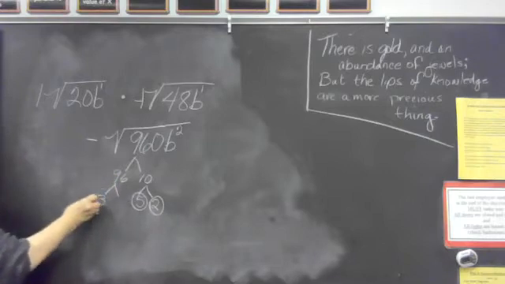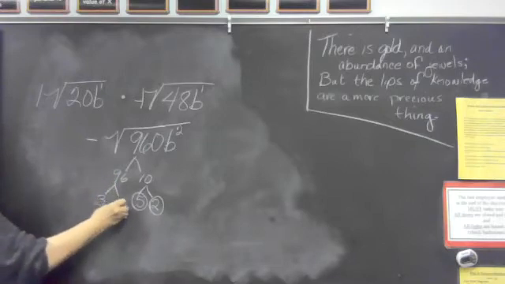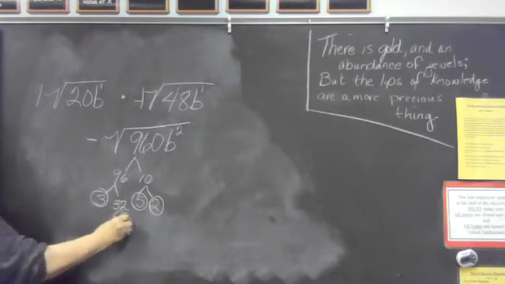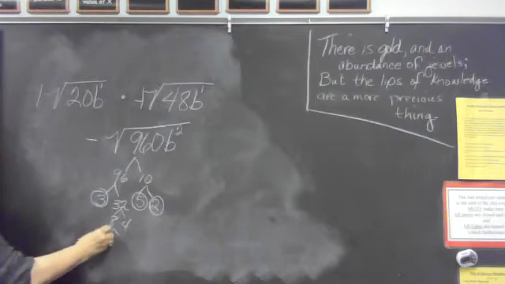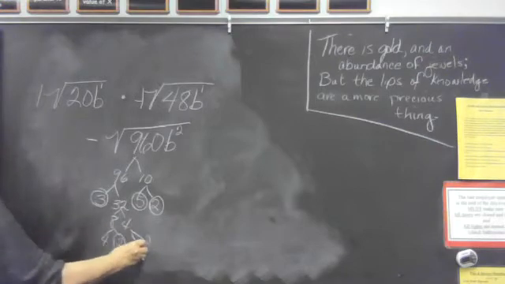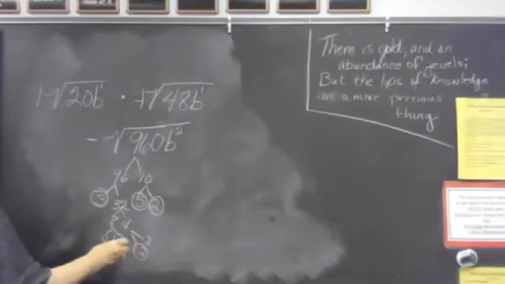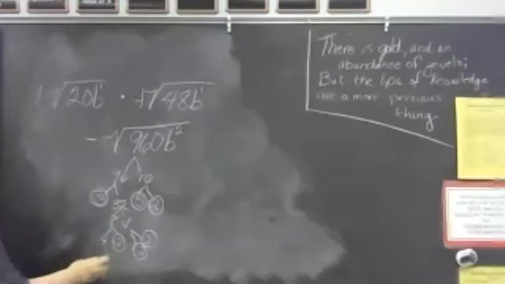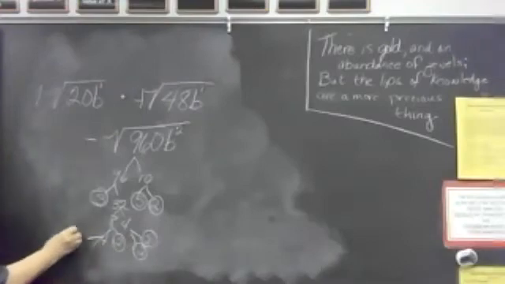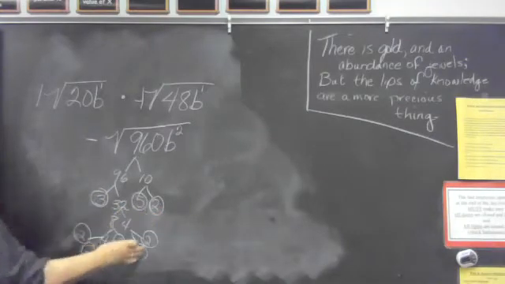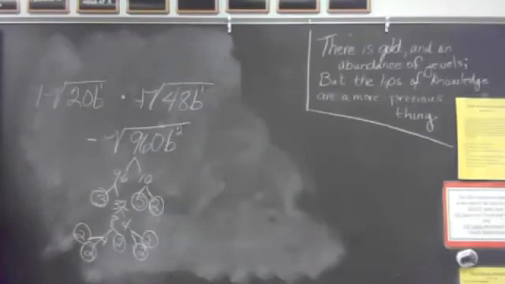And 96 will divide by 3, so I have 32, 8 and 4, 4 and 2, 2 and 2. This large number is why we circle our primes, so we don't get lost in all the numbers. You circle only the primes because we're only going to use the primes in our answer.